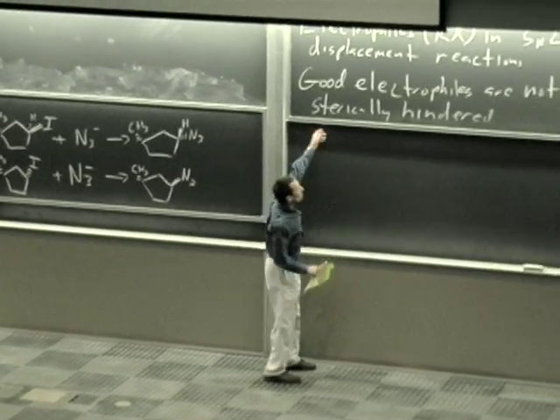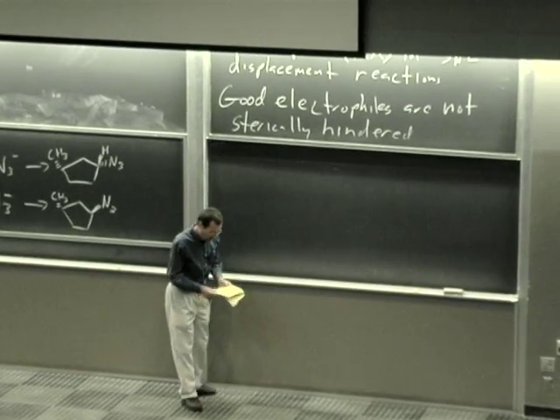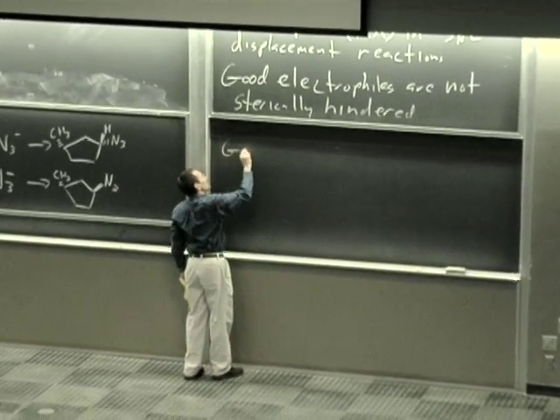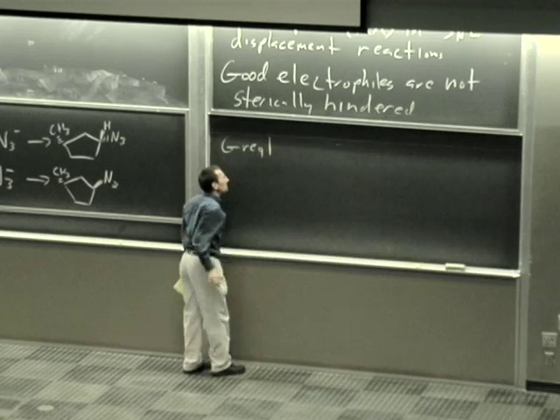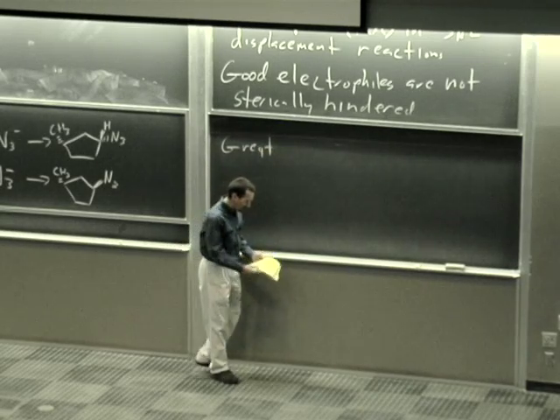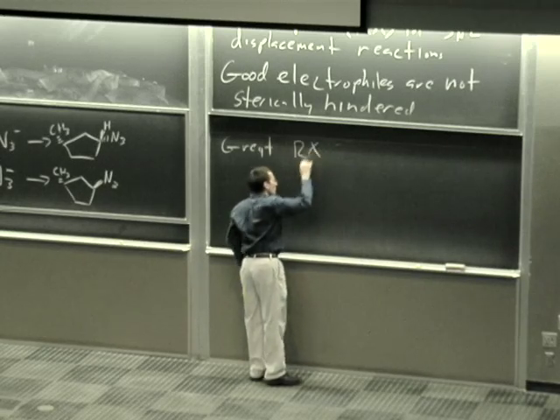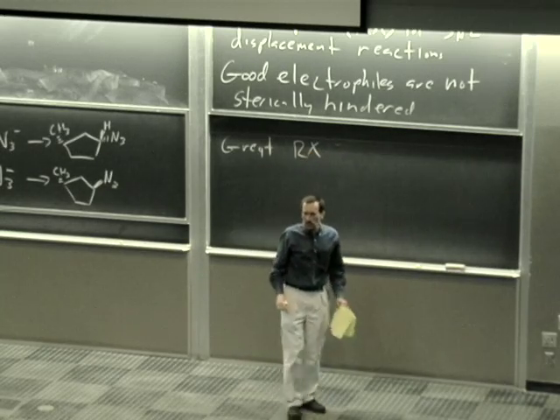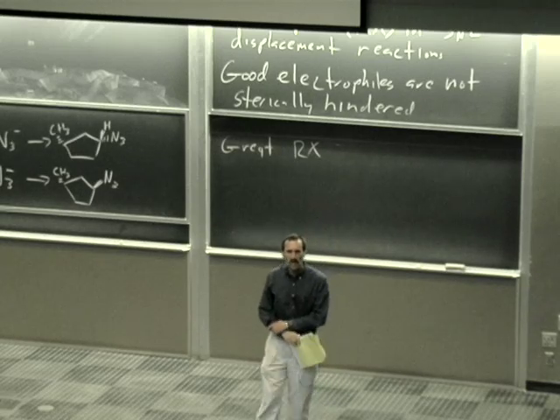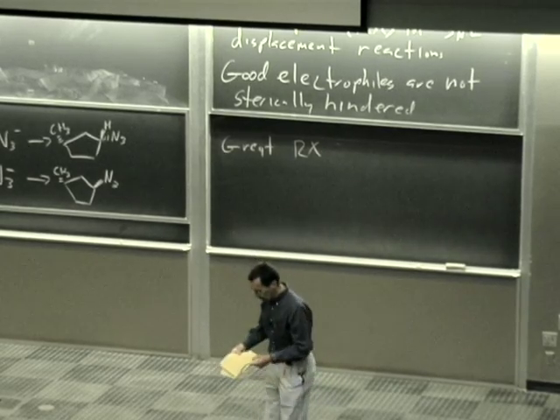Some general rules of thumb are so worthwhile. I always think of it as saying, all right, there are certain electrophiles that are just great in SN2 displacement reactions. Great electrophiles aren't sterically hindered. Sometimes there are little extra electronic properties helping them out.